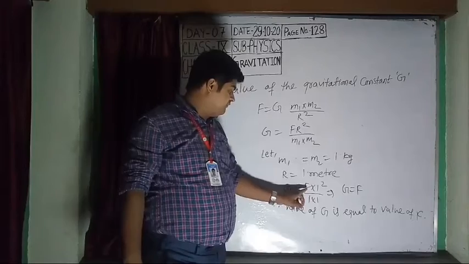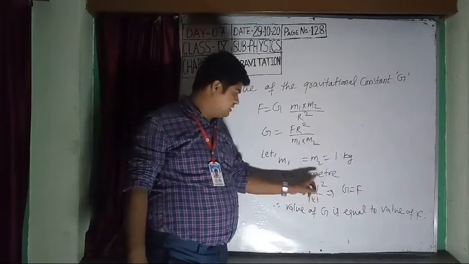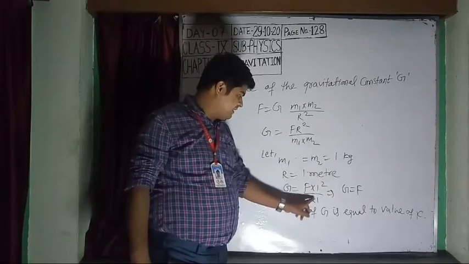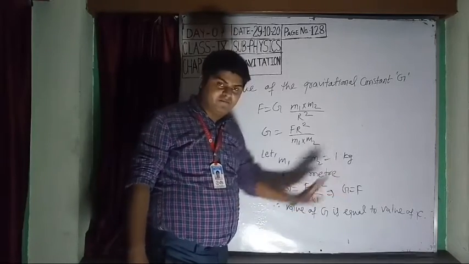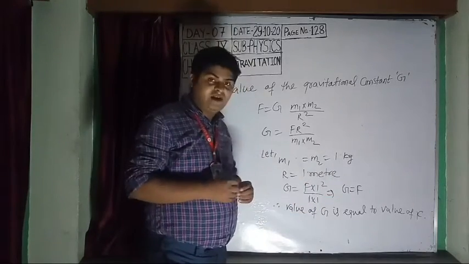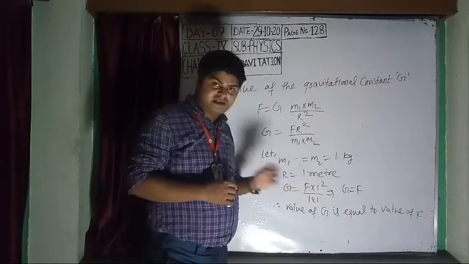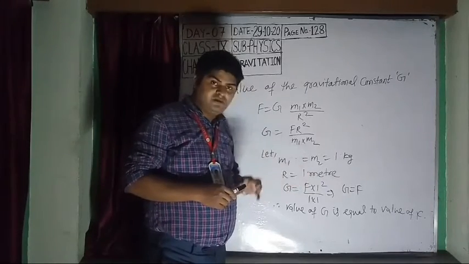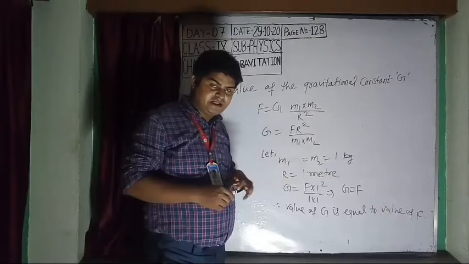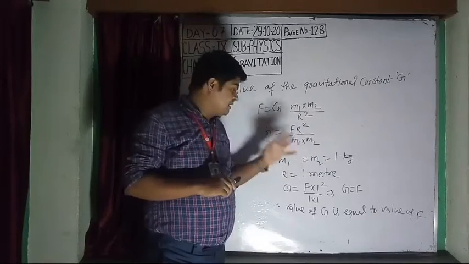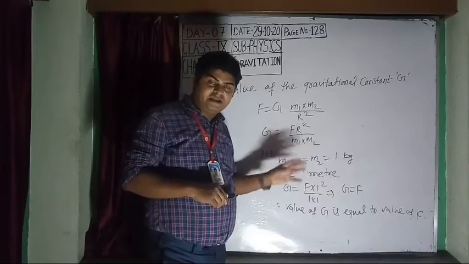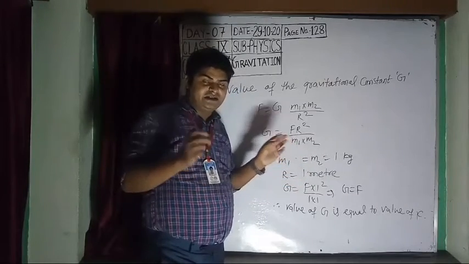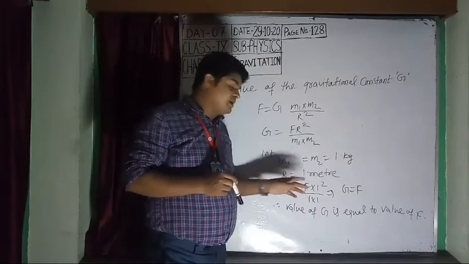Then put the value of r as 1 square and masses m1 as 1 kg into 1 kg. That means G becomes equal to F. So we can say that the value of gravitational constant G is equal to the force of gravitation between them when both objects have equal masses and the distance between them is 1 meter.